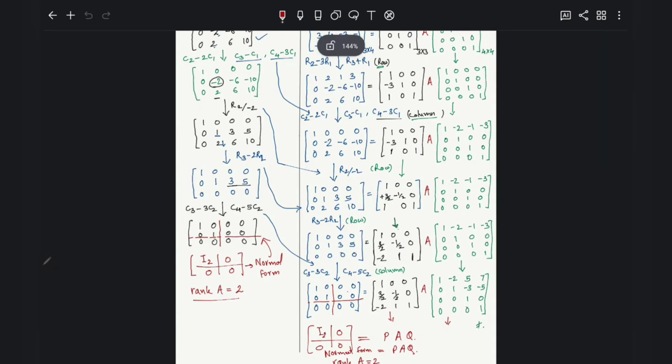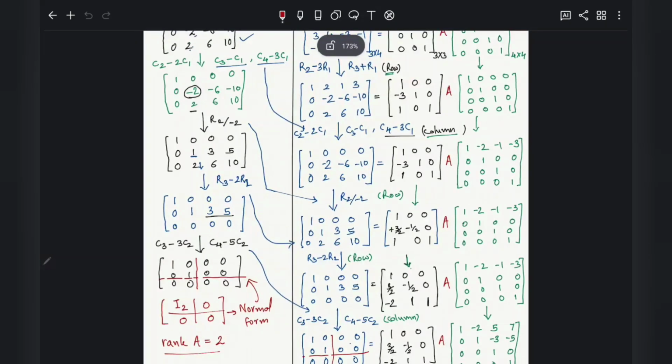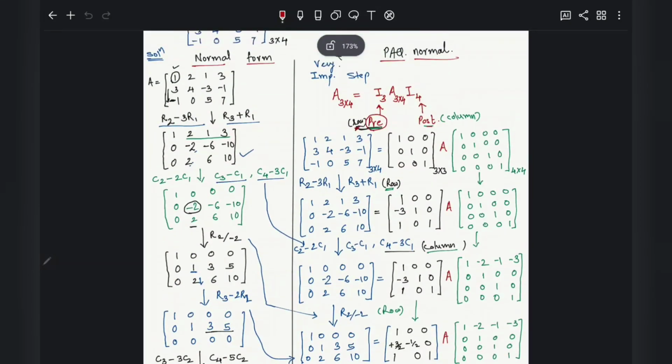So we have finished the comparison and the topic here, but just for your information I would like to tell you one more thing: from PAQ normal form you can also find the inverse. You can find the inverse if your A has full rank.